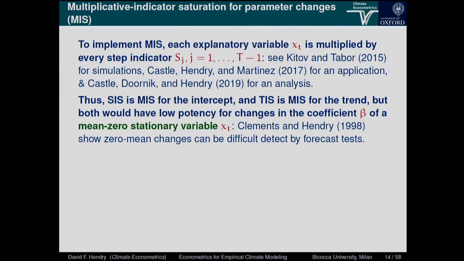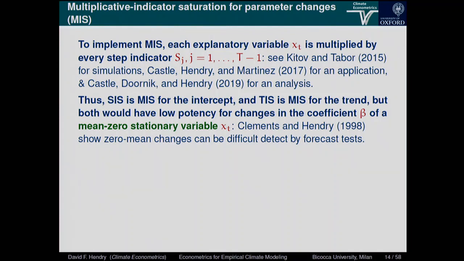So let's talk about multiplicative indicator saturation, because what that's going to do is tell you what the parameter estimate you would have got if you'd used data up to that particular point, and that was the first point at which it changed. But of course, it may have changed at other points, so you have to pick up all these changes to see how the parameter is evolving over time.